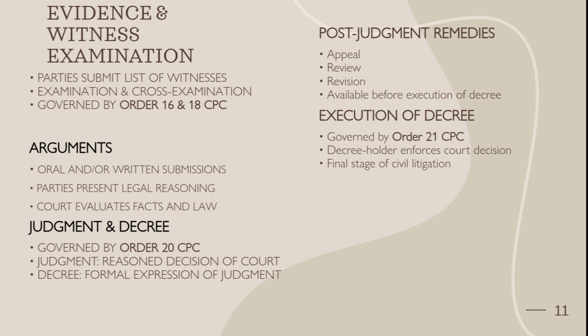So, if the party against whom the judgment is given, the judgment debtor, is not satisfied with this decision, then we have the next stage for them, the post judgment remedies. So, if a party is dissatisfied with the judgment, they may file an appeal, review, or revision before the execution of the decree.